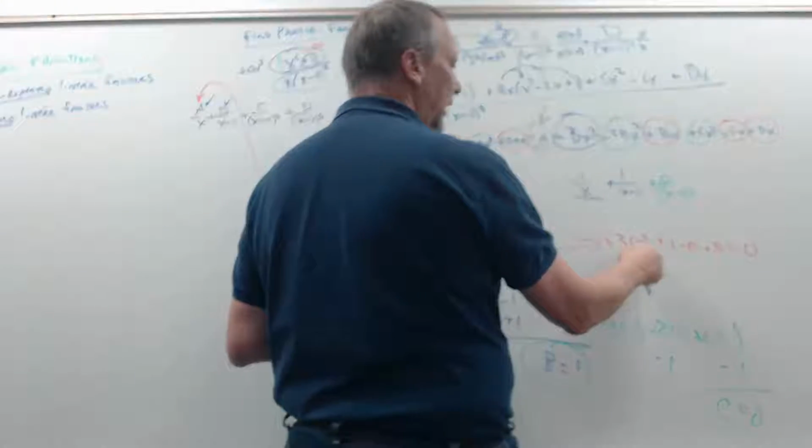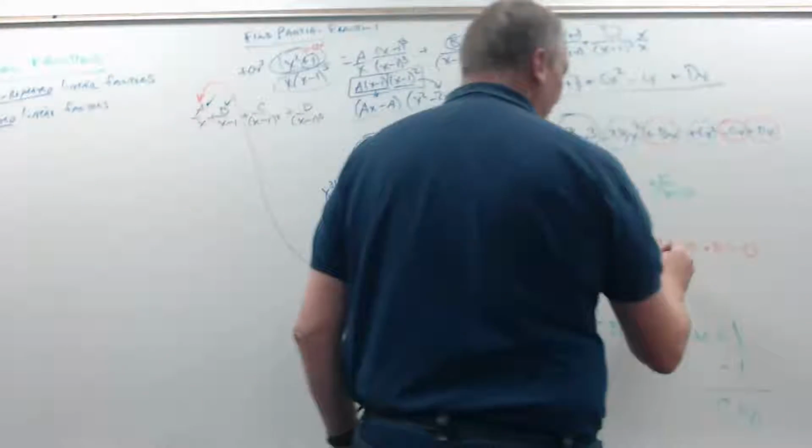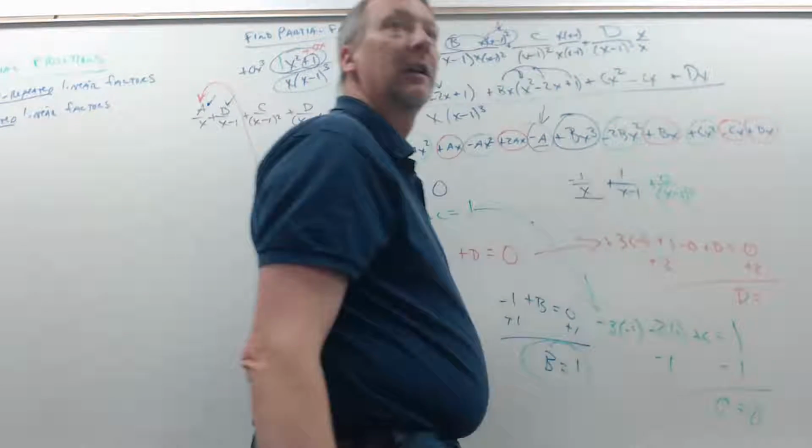So this becomes negative 3 plus 1, so it's negative 2. If I add 2 to both sides, d equals 2.